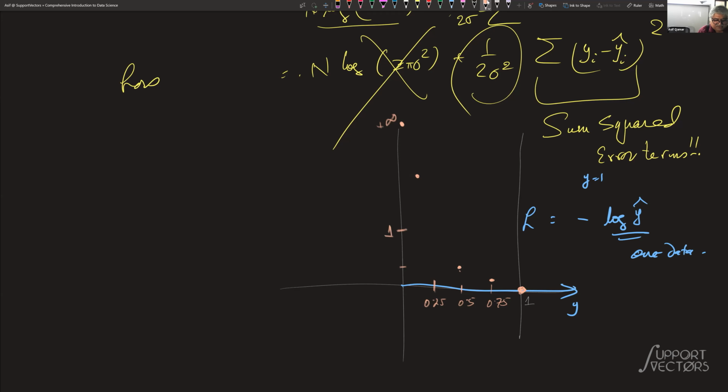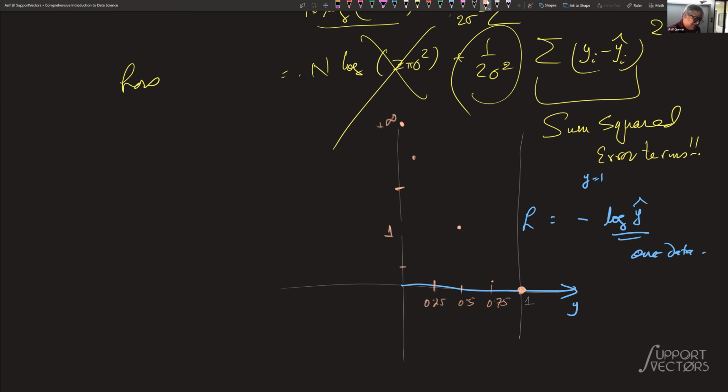Geometrically, 0.69 is approximately here. And how much is the negative log of 0.25? 1.386, about 1.39, double of this, right?